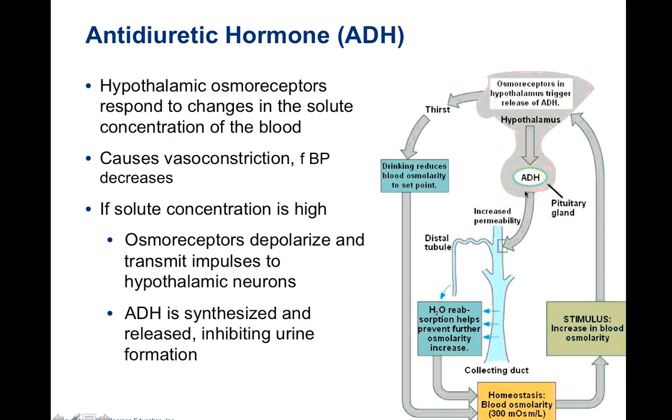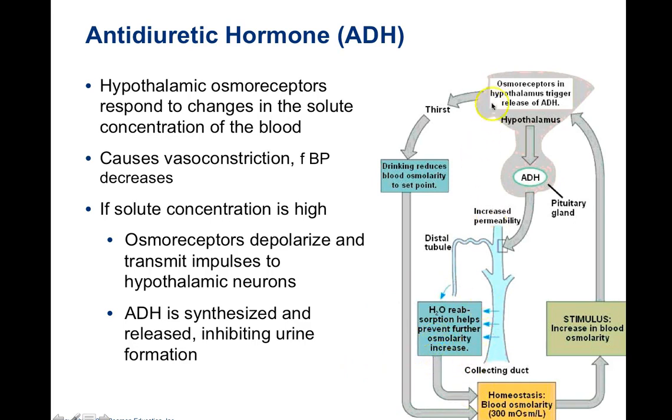It'll go into blood circulation and travel over to the kidney, where we have the functional unit of the kidney, the nephron, and specifically at the distal convoluted tubule and the collecting duct, it will synthesize aquaporins. Aquaporins are channels that allow water to leave these tubules and become reabsorbed back into the blood. This will help prevent any further increases in blood osmolarity.